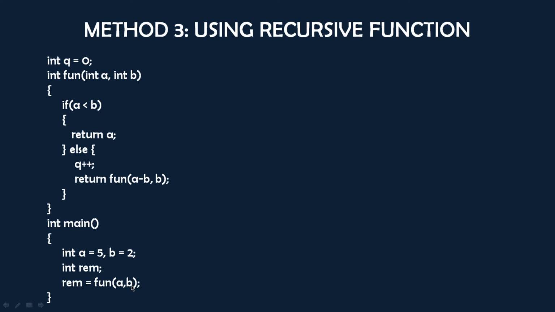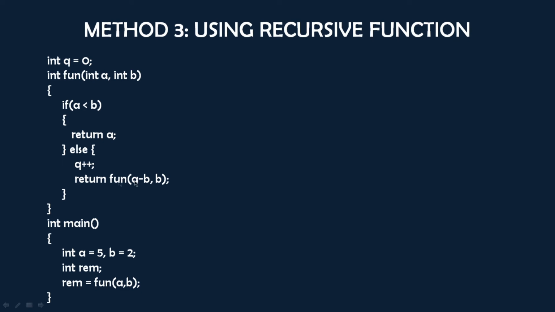After calling, our fun function will now perform and receive the arguments. Inside this function are our base case and the recursive procedure. If the value of A is less than B, then return the A value to the caller. If this condition is false, proceed to the recursive procedure.